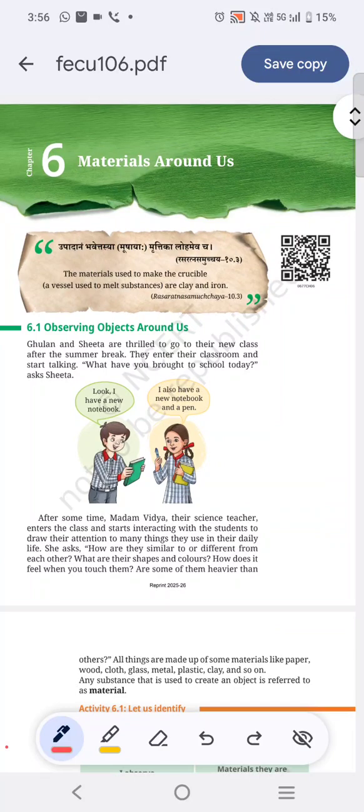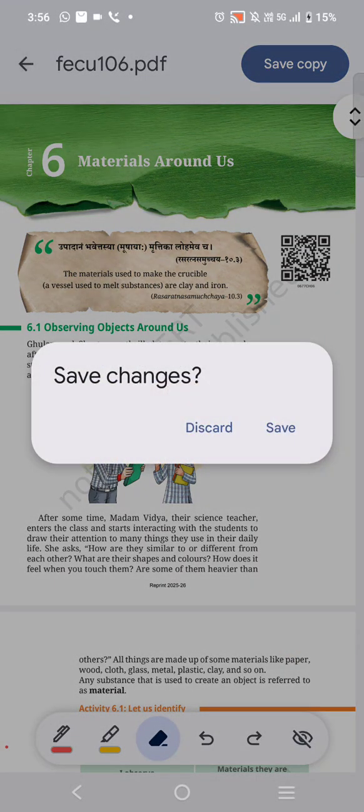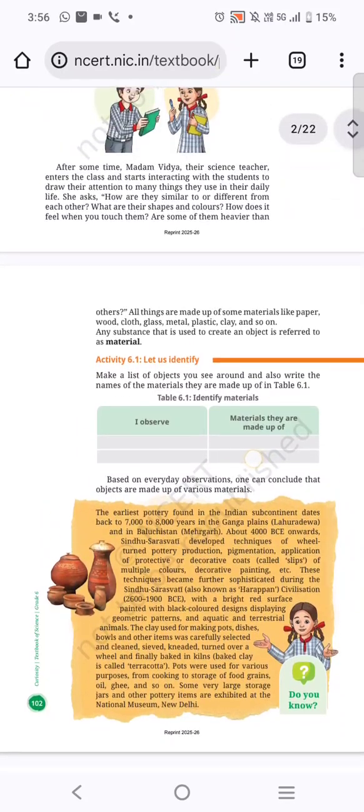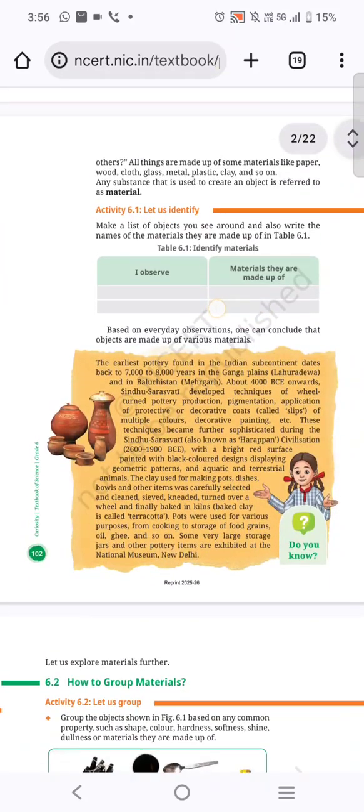She asks, how are they similar to or different from each other? How are their shapes and colors? How does it feel when you touch them? Madam Vidya just wants to understand their understanding, asking them how they feel objects and what their daily use objects are.